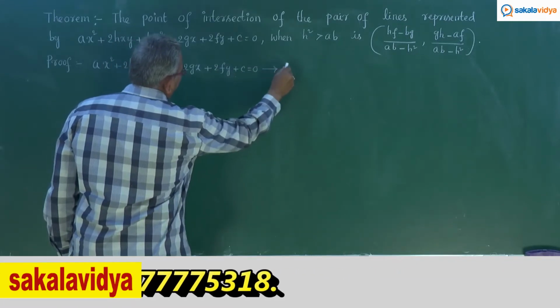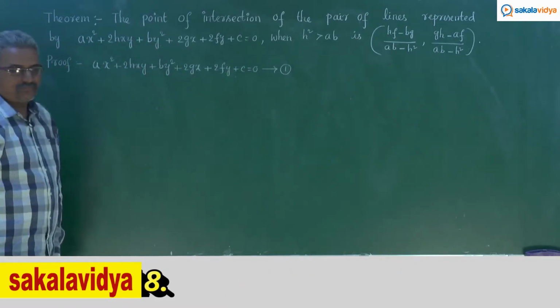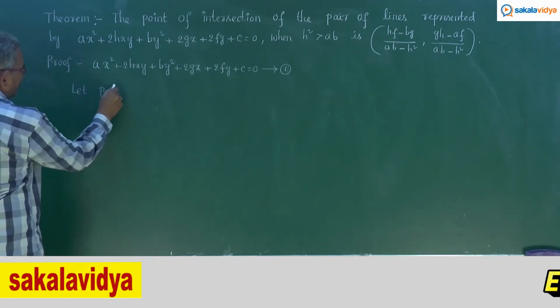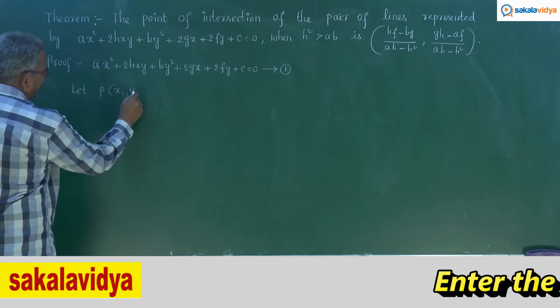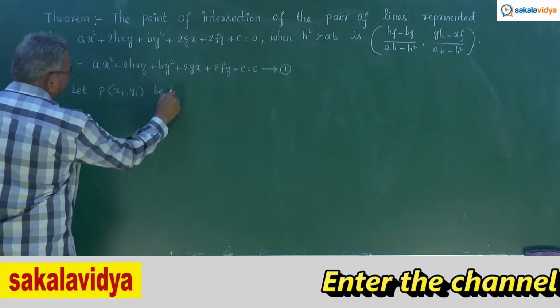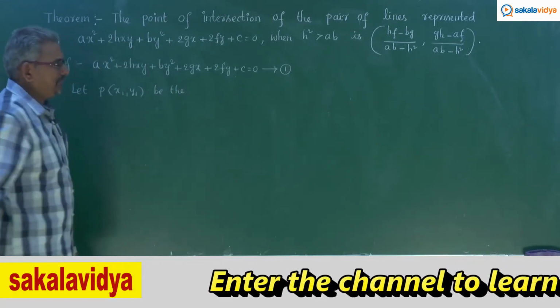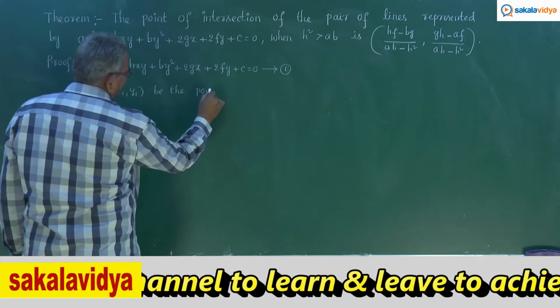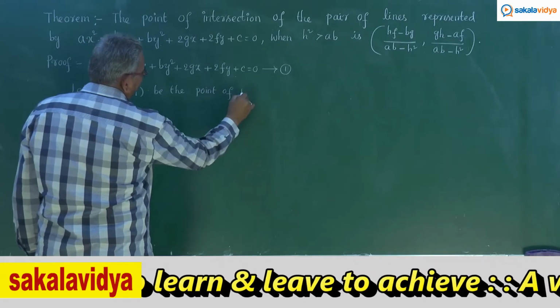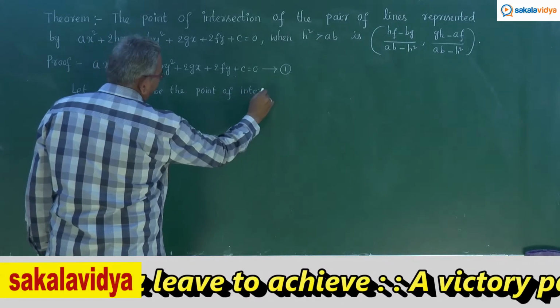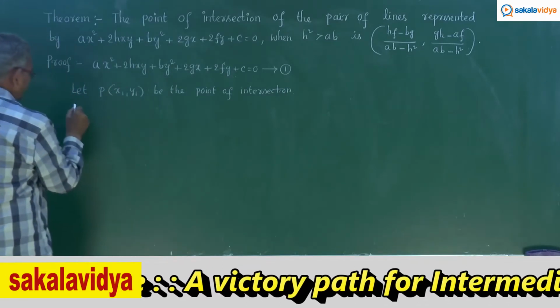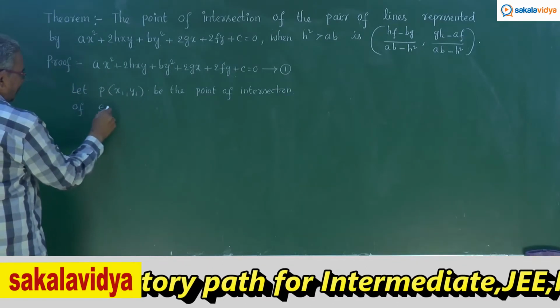Say this is equation 1. Let P(x1, y1) be the point of intersection of equation 1.